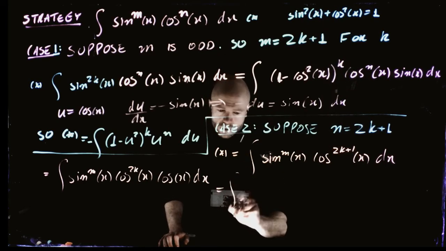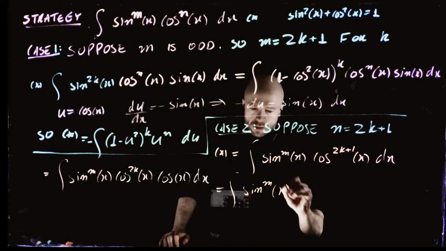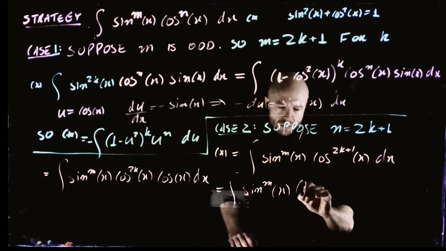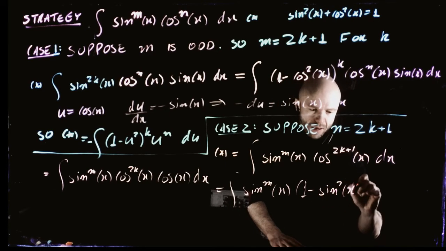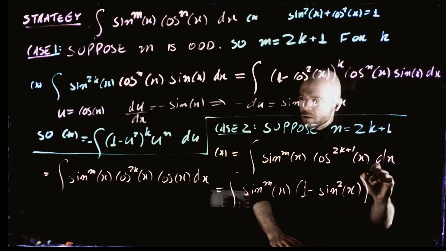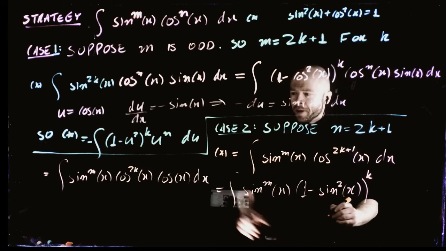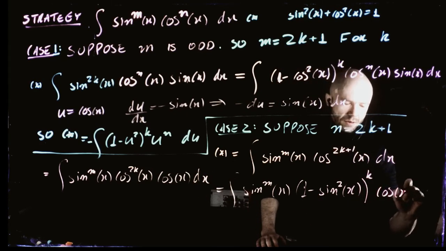So then this thing is sine to the m of x, 1 minus sine squared of x to the k like this, yeah? And then this thing remains the same.